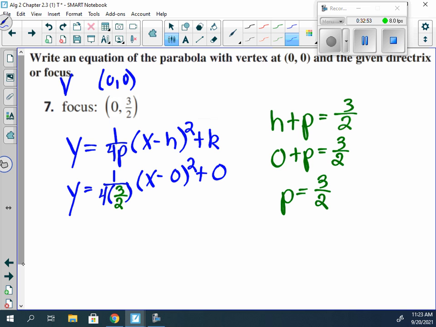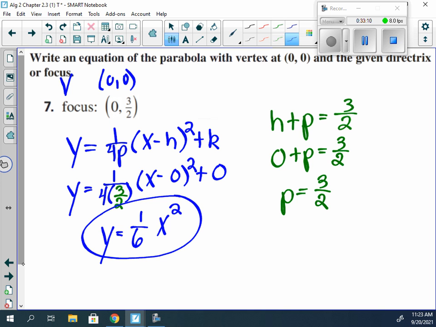And last but not least, we need to simplify. So we can do 4 times 3/2, which is 6. Well, x minus 0 is just x squared. And that's it.